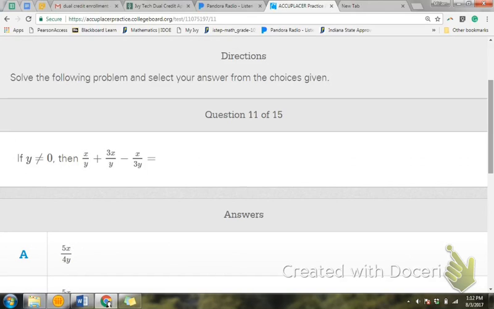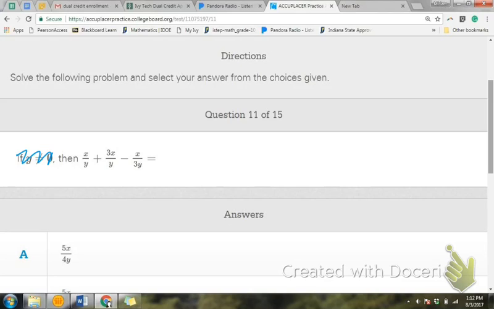Now, we don't really need to deal with this part right here, okay? So these are all fractions, and what do you have to do to be able to add fractions together? A common denominator, right? What's the common denominator between y and 3y?